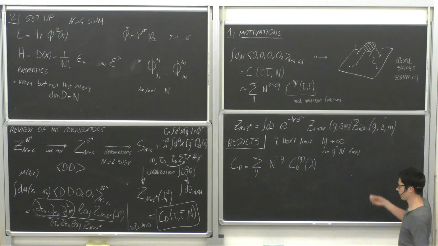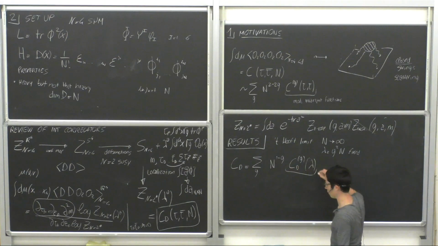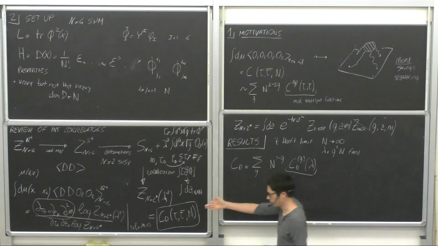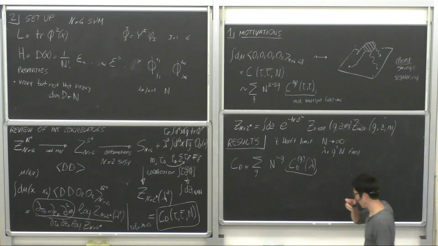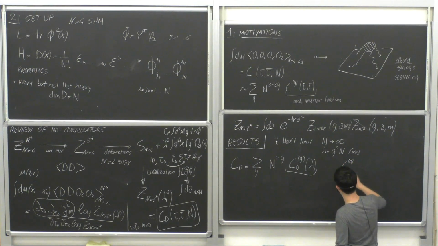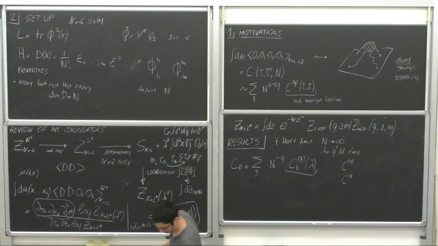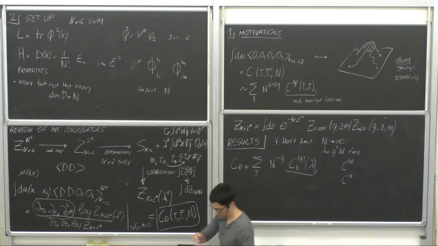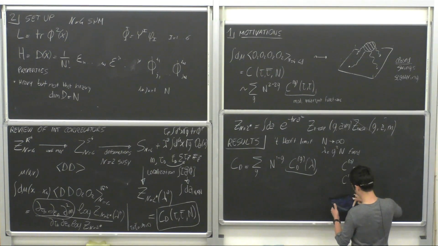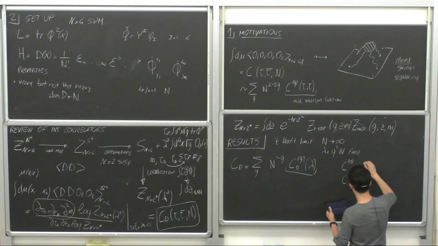Of course, these objects are very hard to compute in the large N limit, again, due to the fact that these determinant operators have dimension scaling with N. We computed C0 and C1. And now I will give you the results, which are also interesting because they can be written in a way which is kind of familiar.